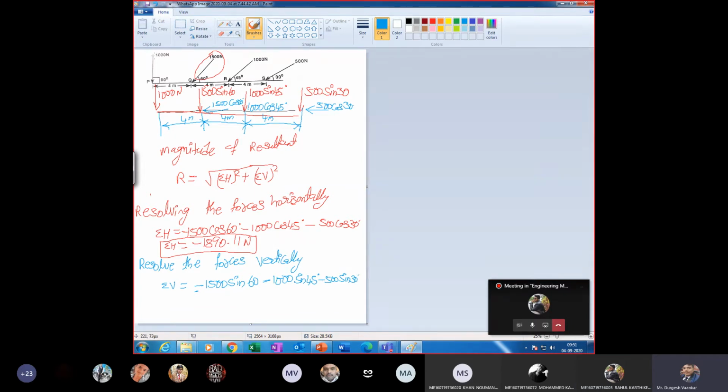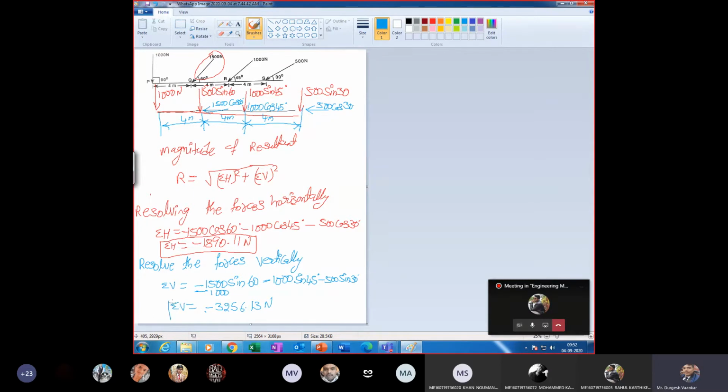The remaining thing is only the vertical force, you have to add that one also. That is also minus 1000 Newton. If you add these things, then you will get minus 3256.13 Newton.